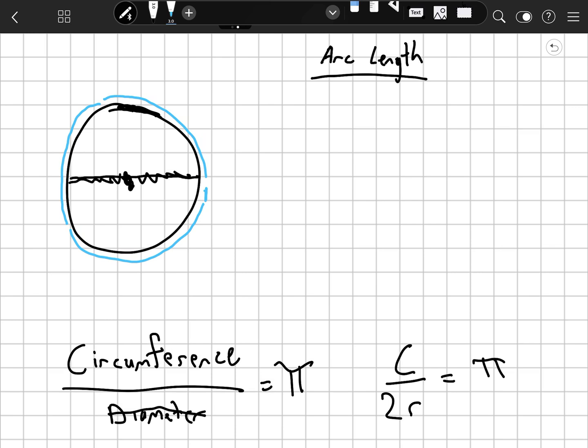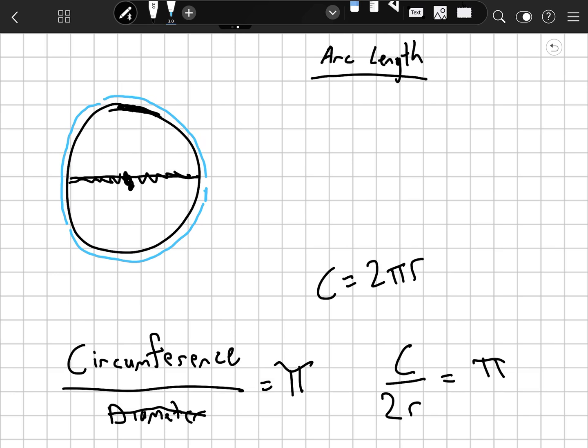And then finally, let's get C alone so we can figure out what C is. So I'd times both sides by 2r, and C equals 2 pi r. So the distance around a circle is 2 pi, which is 6.28 times the radius, or 1 pi times the diameter.